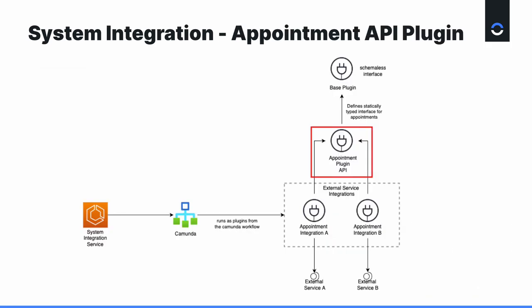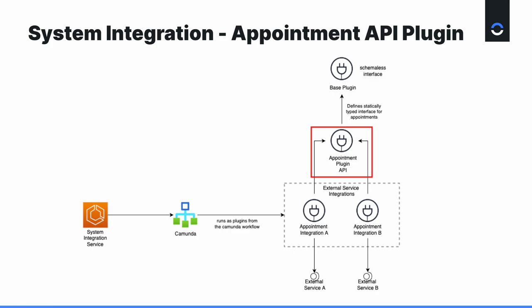The next element in our architecture is appointment plugin API. So this plugin implements the base plugin API, and in appointment plugin API we can find the definitions of our functions which we have to use in our appointment.